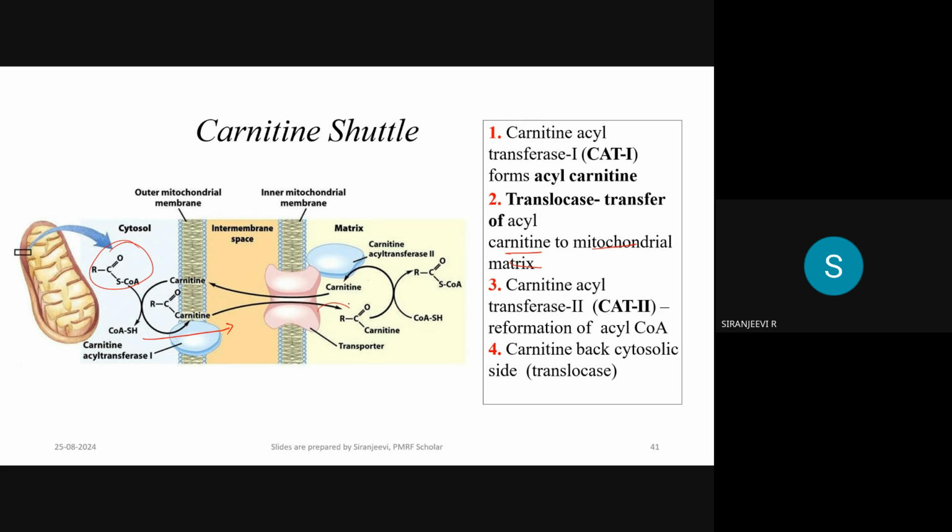Once inside the matrix, there is one more enzyme, carnitine acyl transferase 2, that is CAT2, which splits the carnitine and the acyl CoA separately. This acyl CoA can now undergo beta oxidation, whereas the carnitine that is formed has to go back to the intermembrane space. That is also done by the same translocase transporter.